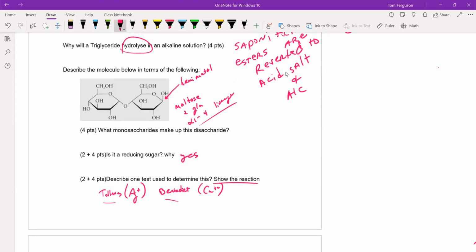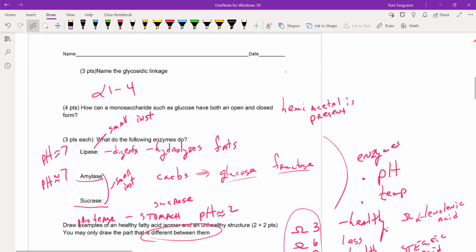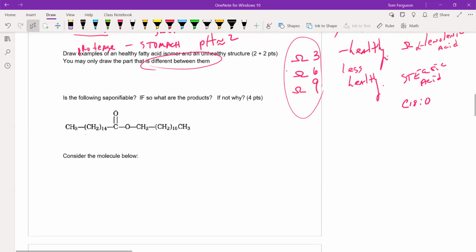So this linkage here would be an alpha 1,4. You're welcome.